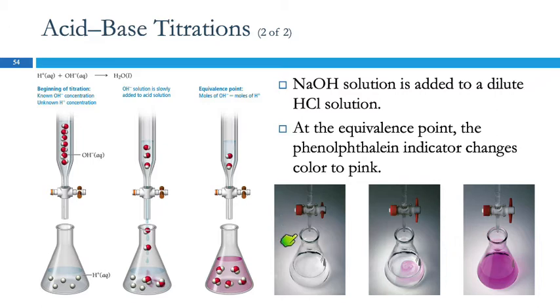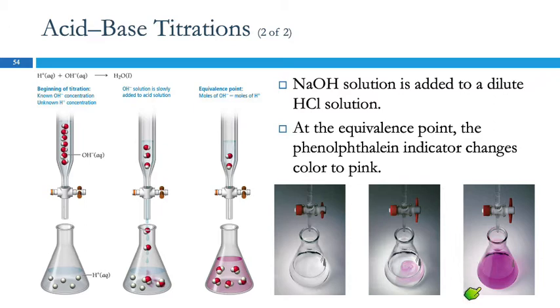And what that looks like in reality is something like this. You're adding sodium hydroxide, nothing seems to be happening. When you get closer, you'll start to see little pink swirls. And we're seeing pink there because as the sodium hydroxide comes in, it hasn't mixed thoroughly yet. And so you have a localized concentration of sodium hydroxide, and then when you mix it, it gets neutralized by the acid and the color goes away again.